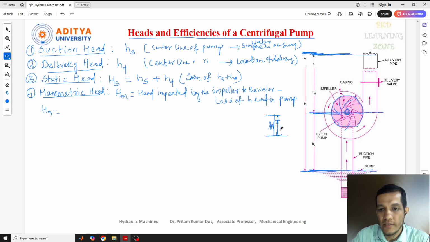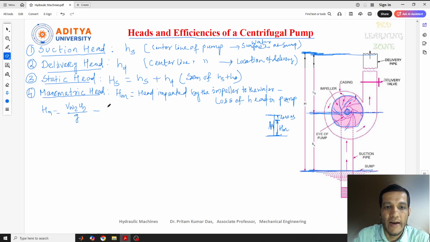So this distance is nothing but HM, and this distance comes under losses. The head imparted by the impeller to the water is the work done. We have seen in a previous lecture the work done by the impeller on the water, that is nothing but Vw2 U2 by g.